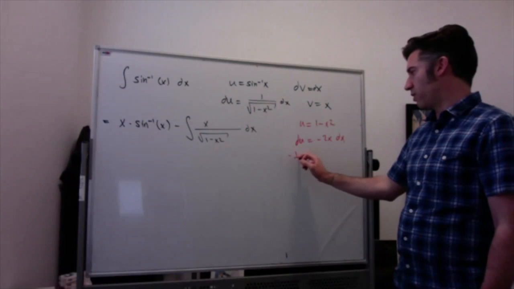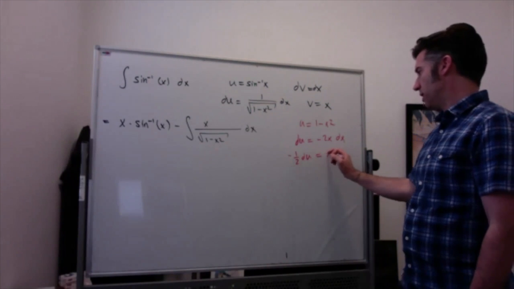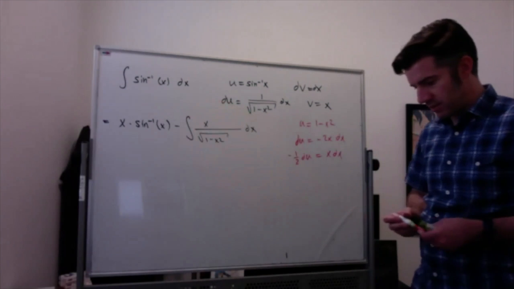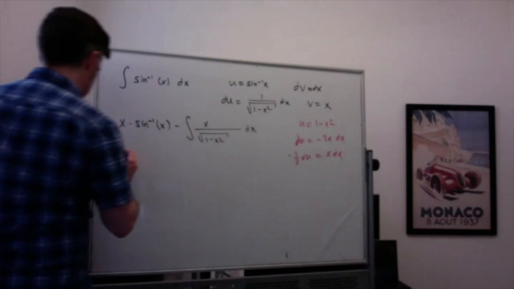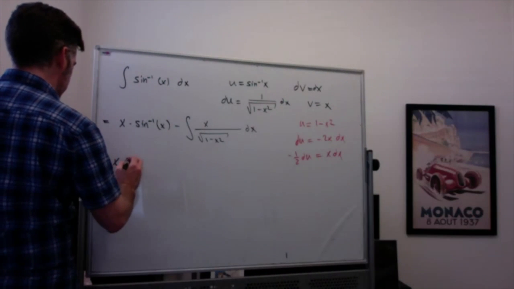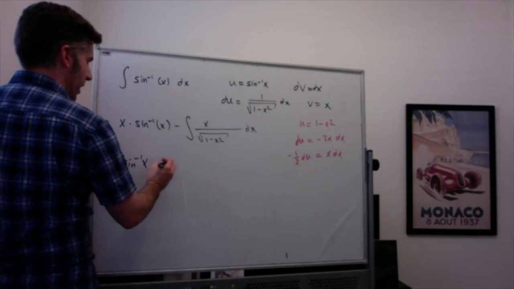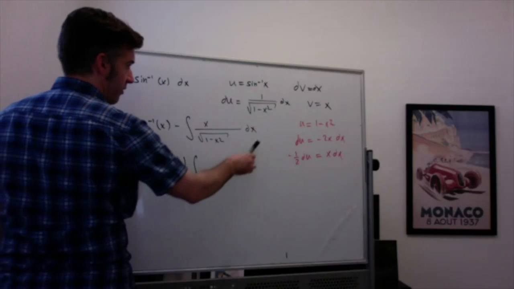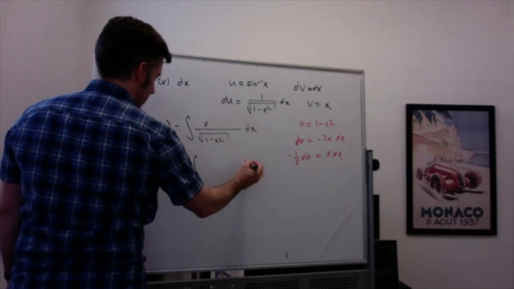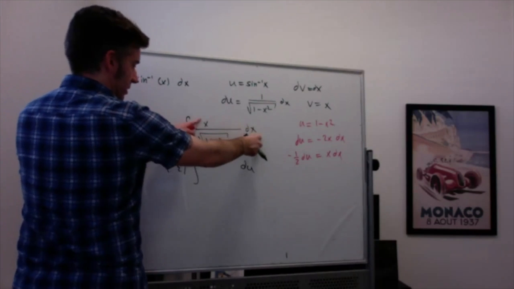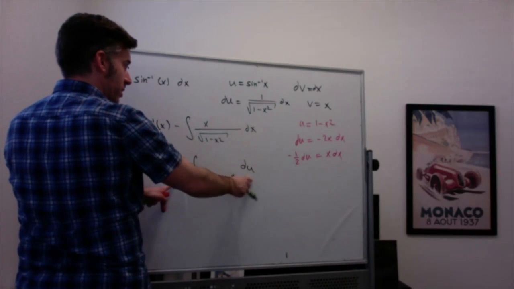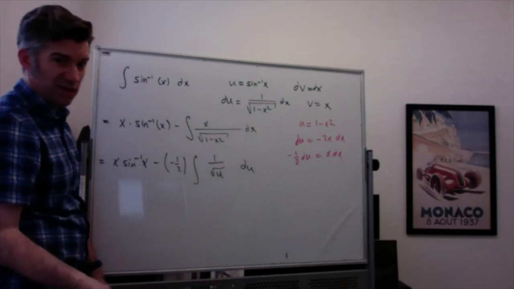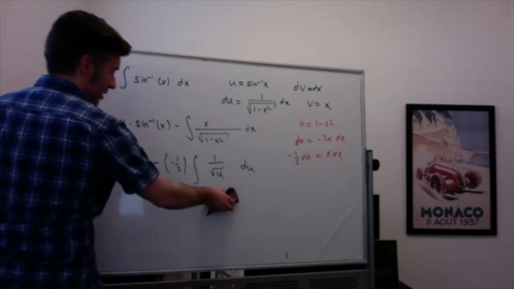So negative 1/2 du is x dx. So I can rewrite this as x inverse sine of x minus negative 1/2 integral of, x dx becomes the negative 1/2 du, and this is 1 over the square root of u, which I'd really rather write as u to the negative 1/2.